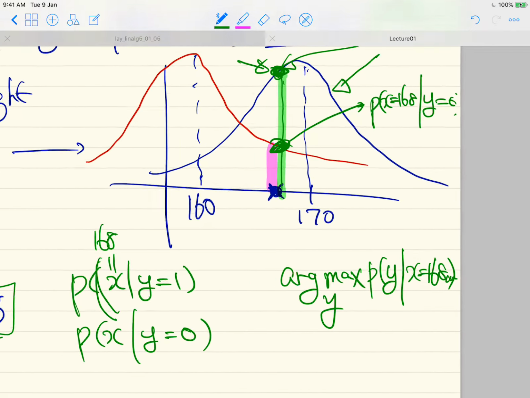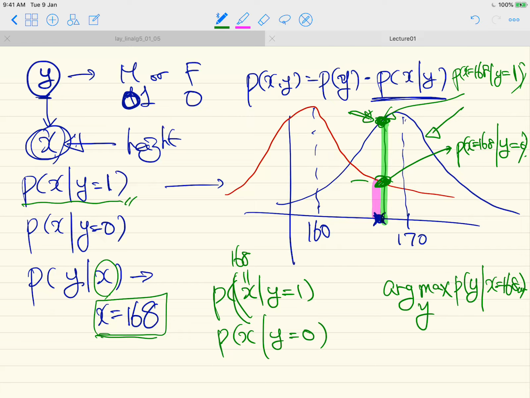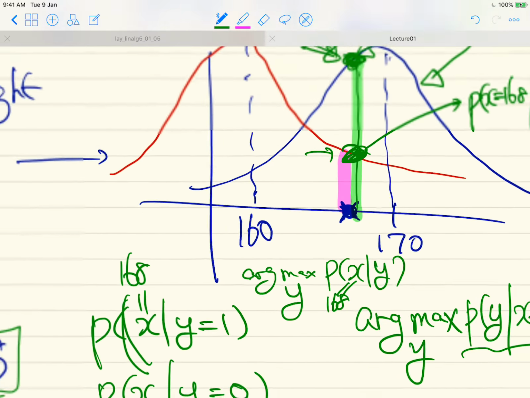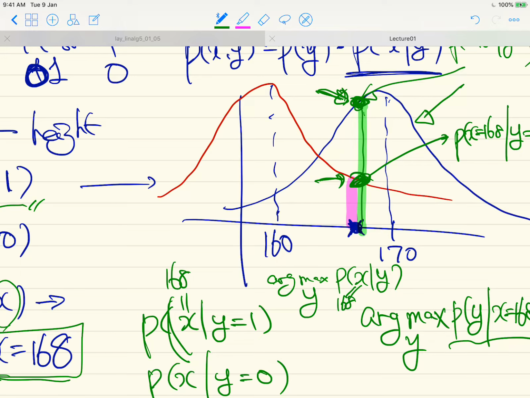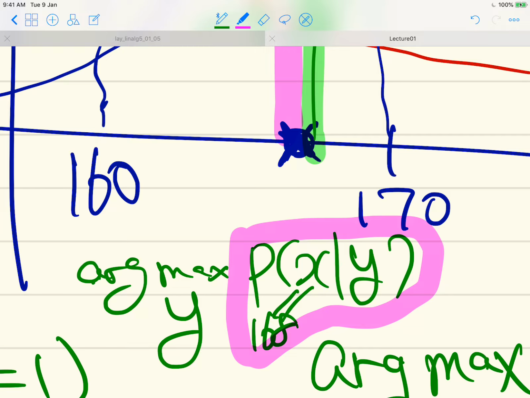So in this case, comparing these two, we are not just looking at this value, but we are looking at p of x given y and also p of y. Picking one between the two will just correspond to picking this guy where y is set as 1 or y is set as 0 and so on, right?